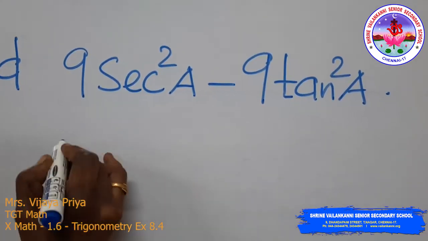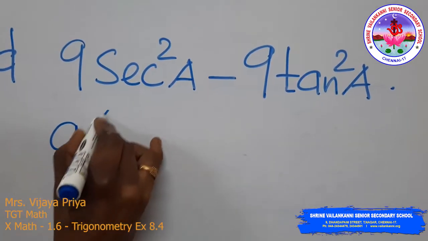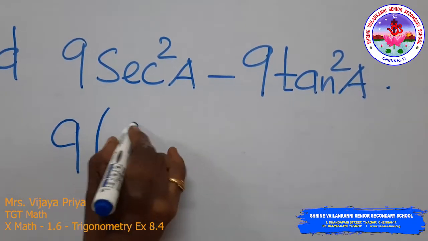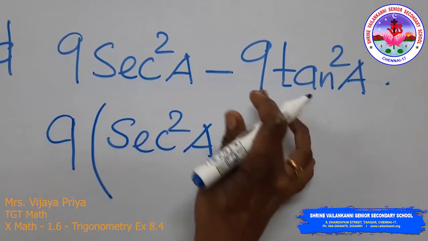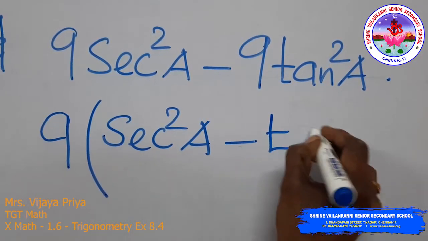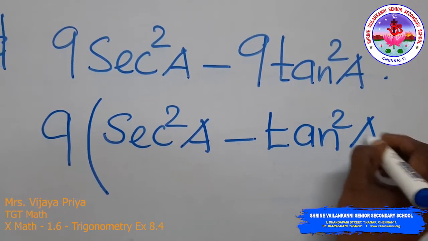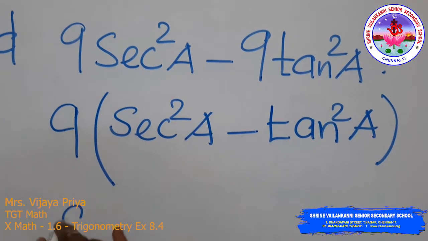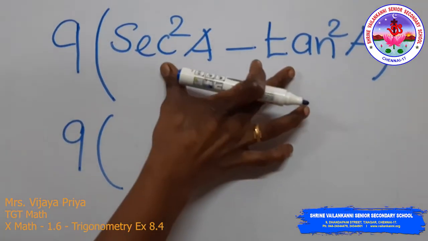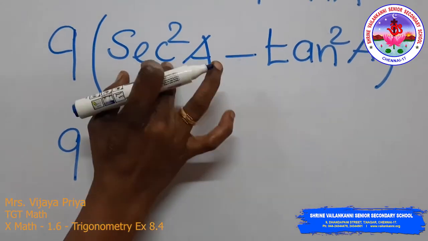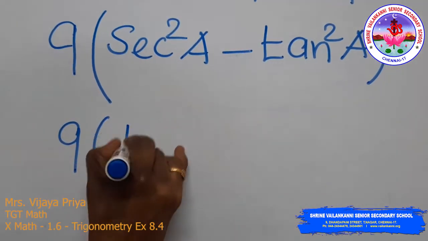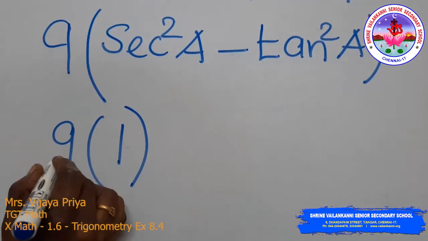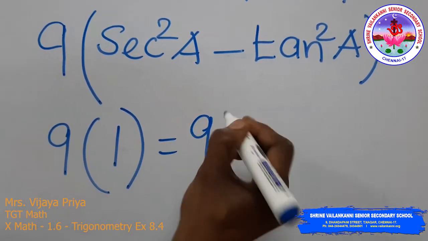If you take 9 as common, you will be getting secant squared A minus tan squared A, with the 9 outside. Remembering the identities, secant squared A minus tan squared A becomes 1. So you are writing 1. So 9 into 1, you will get 9.